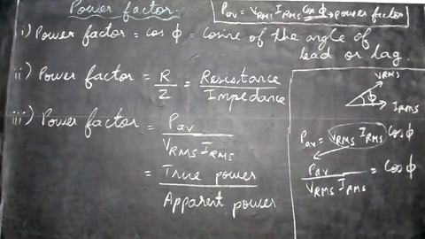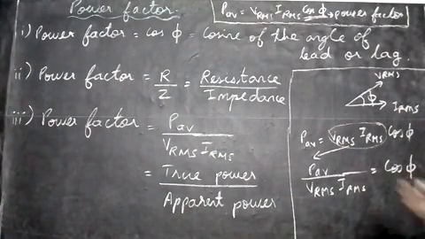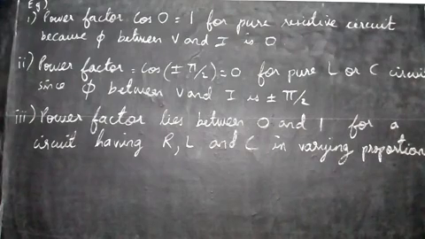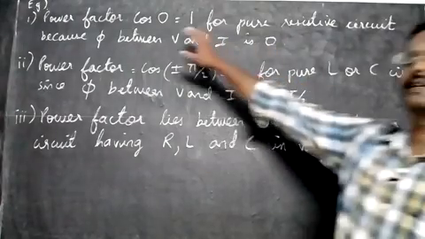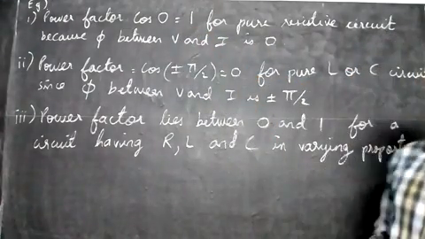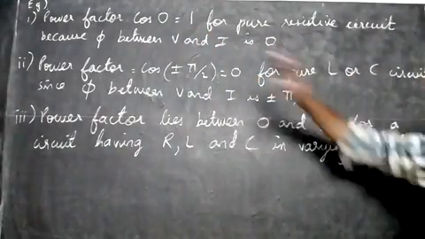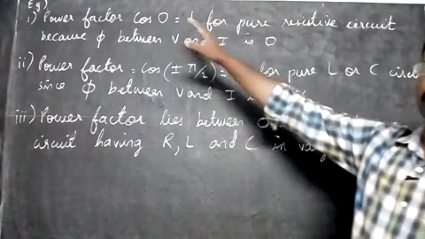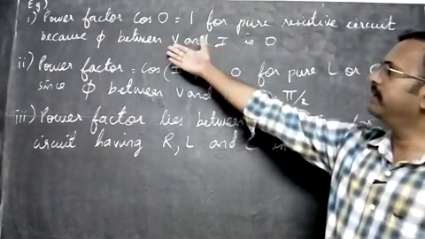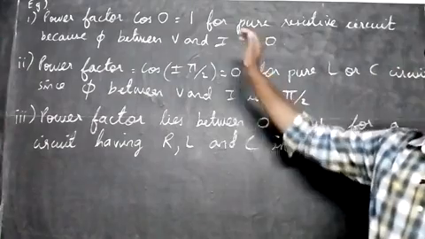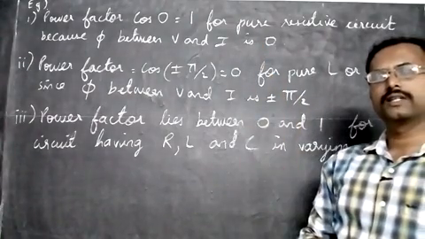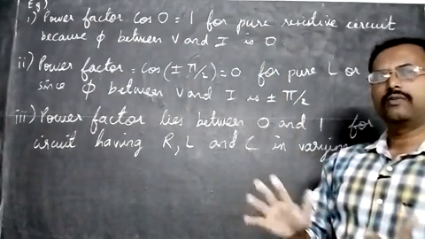So this is another way of defining it, and you know how it comes. Next we'll see some examples of the power factor. Let me erase the board now. So let us see some examples here. Power factor cos 0 is equal to 1 for a pure resistive circuit, because phi, the angle between voltage and current, is 0 degrees. We saw that for a pure resistive circuit the current and the voltage are in phase.